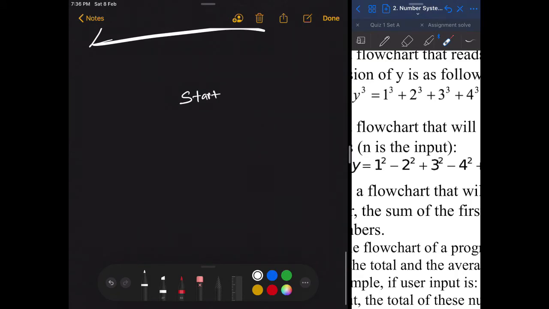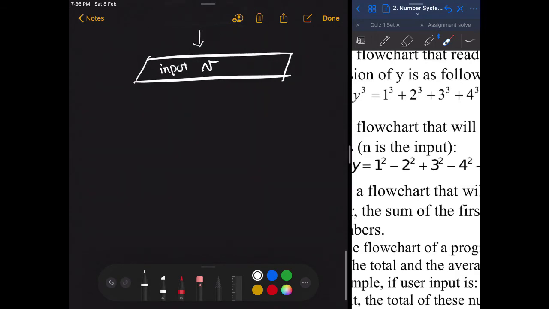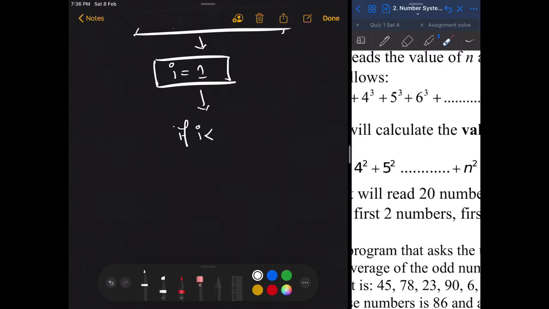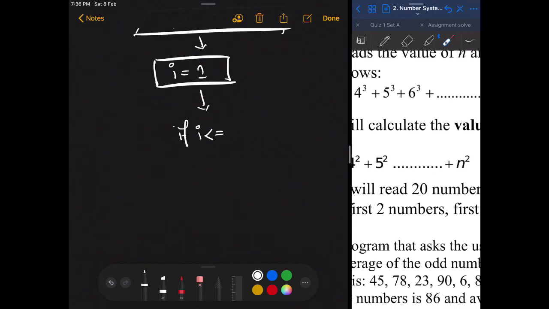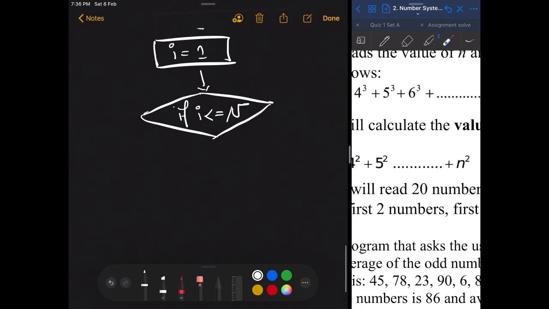So we have a start, then we need to take input from the user, so input n. Then after that we need to initialize a value, so let's say I equals 1. Then if I is less than or equal to n, this is a decision, and based on the decision we are going to go through the loop.